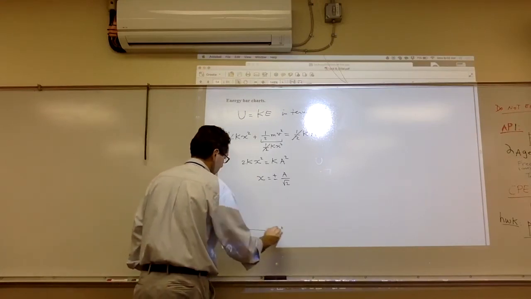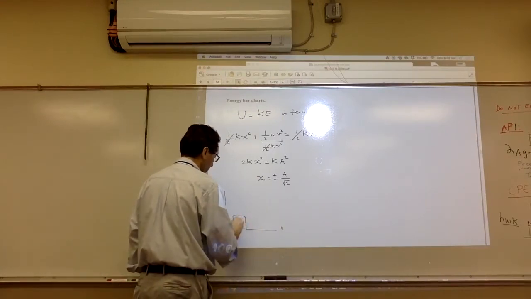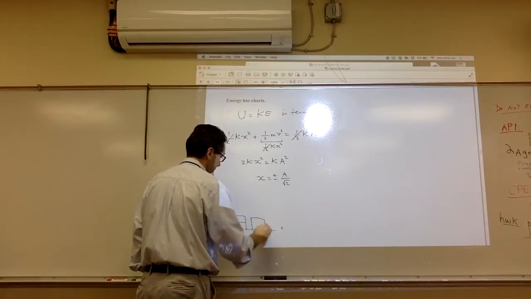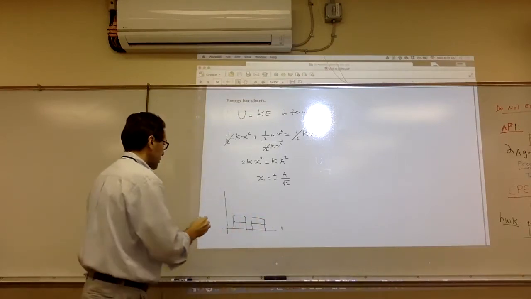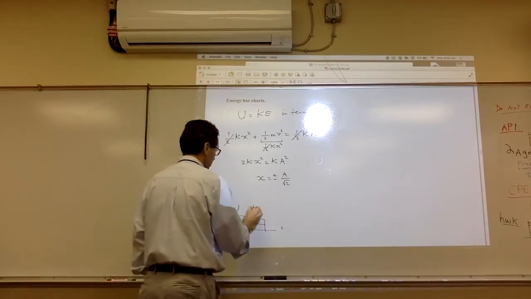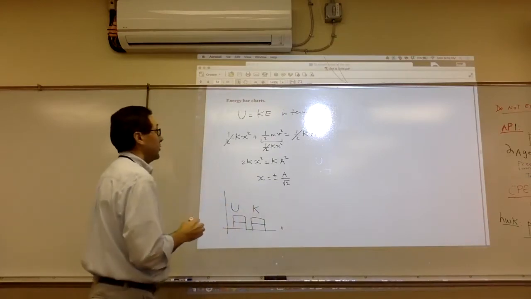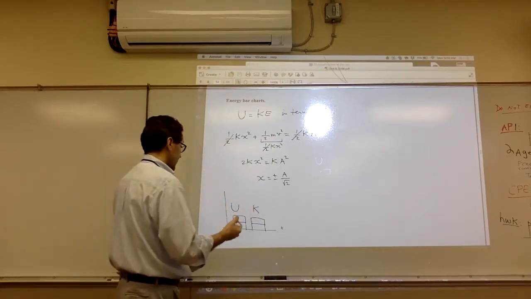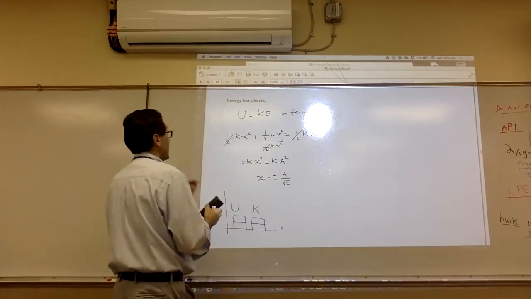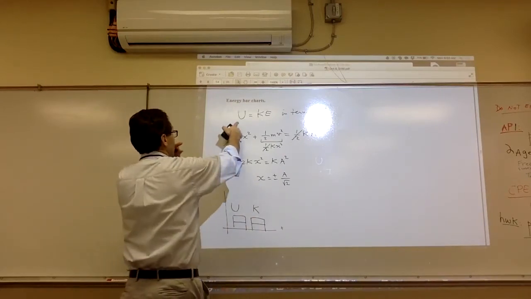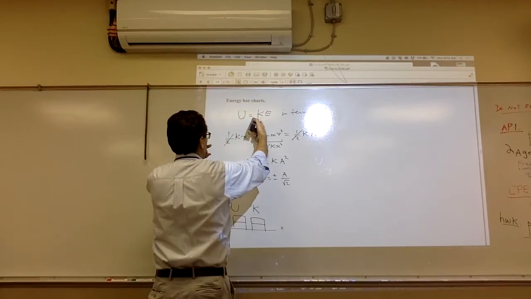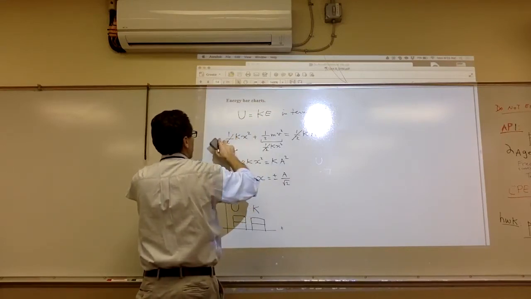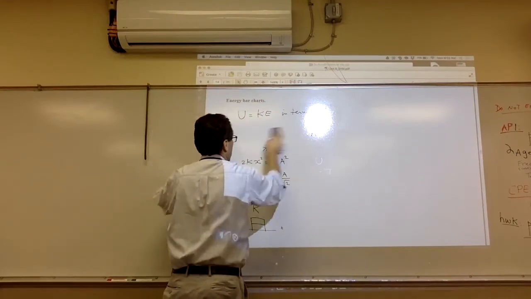So if we go back to the bar chart, we should have 2 segments for each. So this is your potential energy and this is your kinetic energy. You can say, well, I want to find a place where my elastic potential energy is half of my kinetic energy. So let's see what we can do.